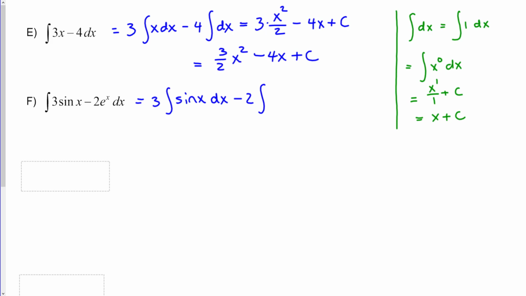And so all I'm doing now is just finding the antiderivative of sine x dx and e to the x dx separately.